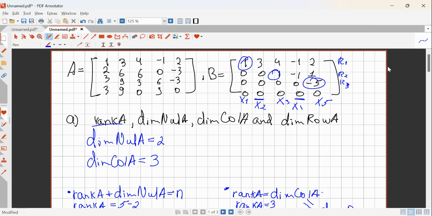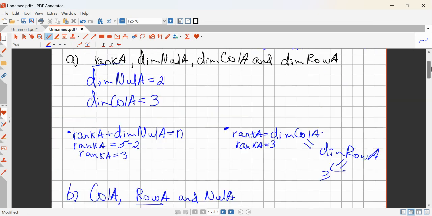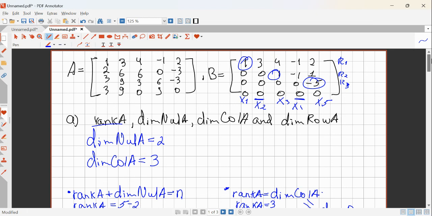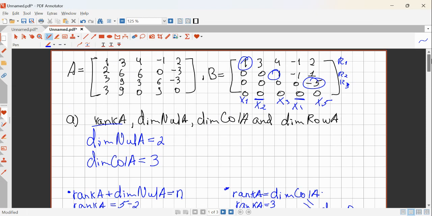We have 1, 3, 4, minus 1, 2. The next row is 0, 0, 1, minus 1, 1. And the last row is 0, 0, 0, 0, minus 5.